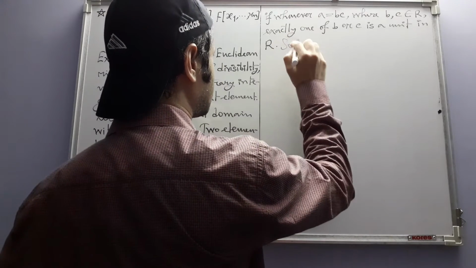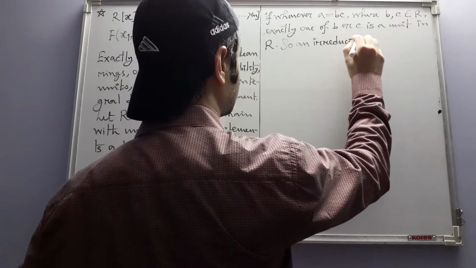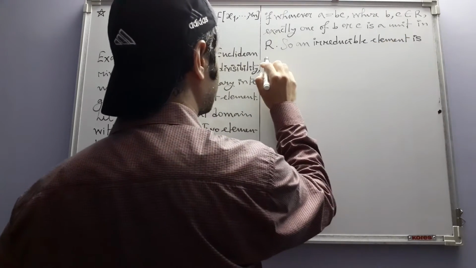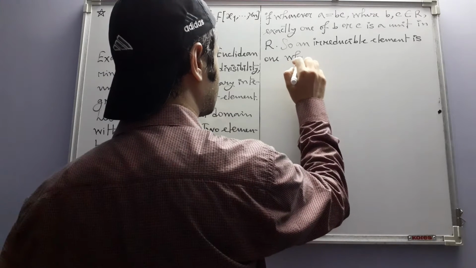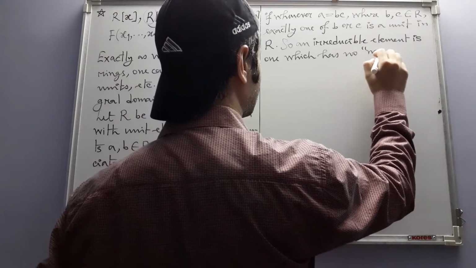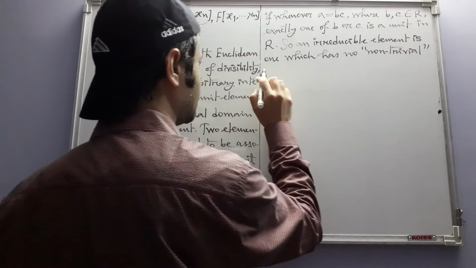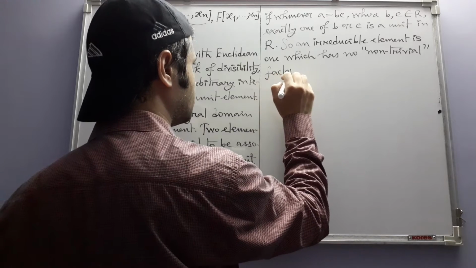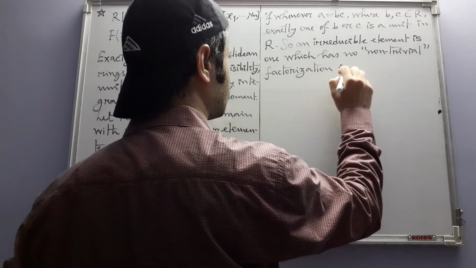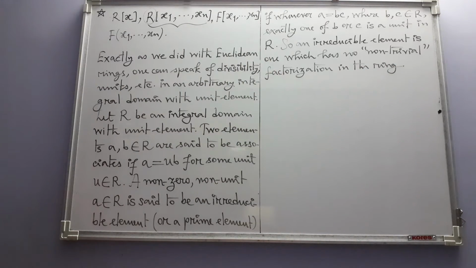So 2 has no non-trivial factorization in the ring.